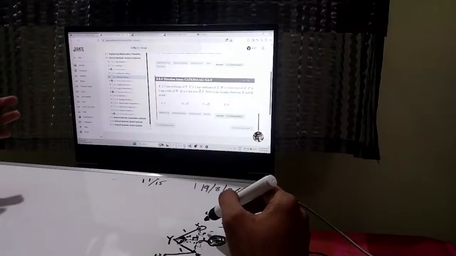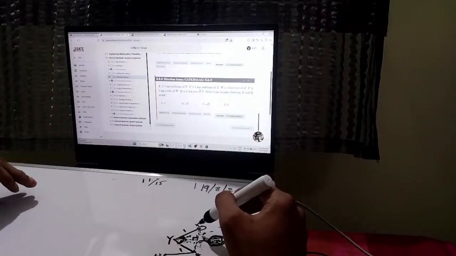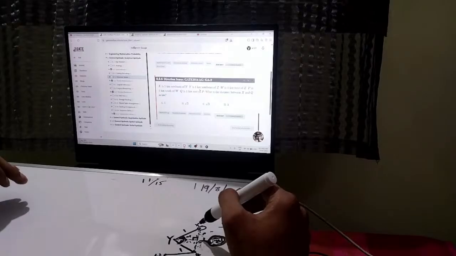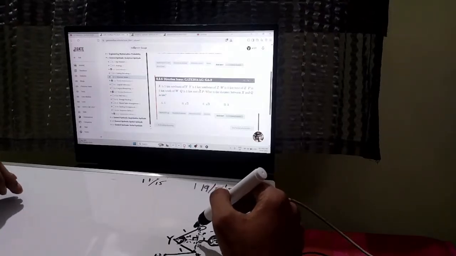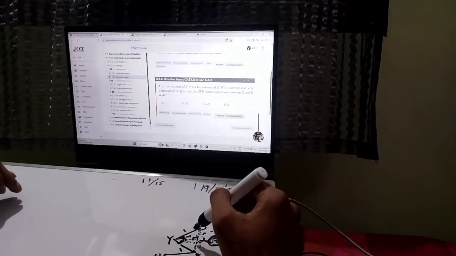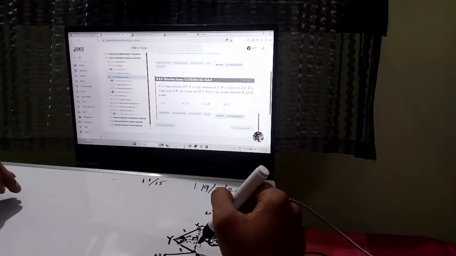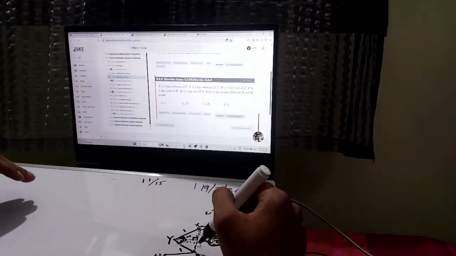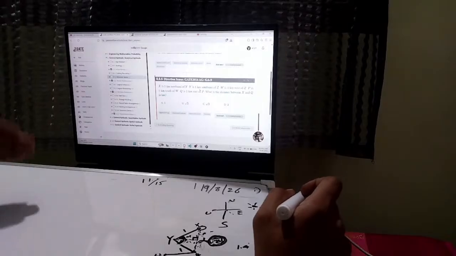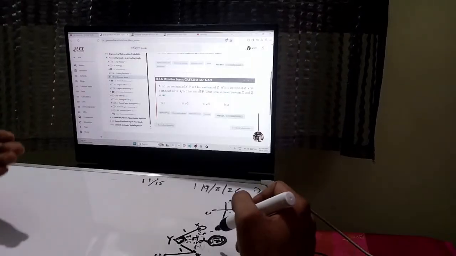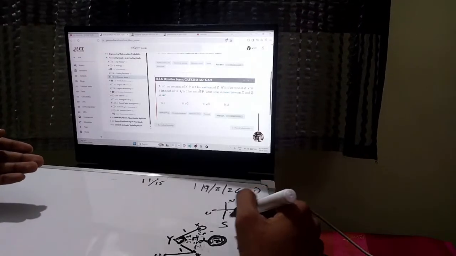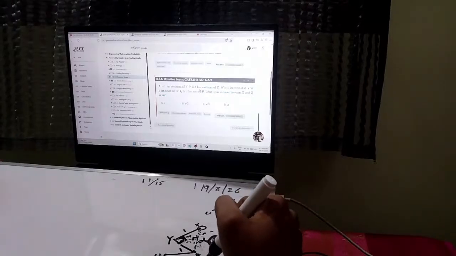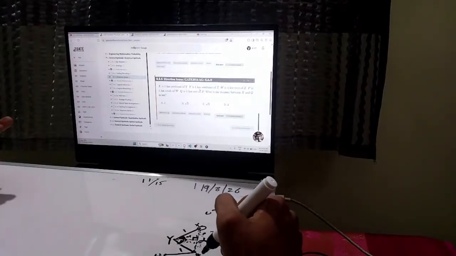And Y is 1 kilometer northeast of Z. If Z is here, Y is 1 kilometer southeast, not north. Southeast means here, southeast of Z.